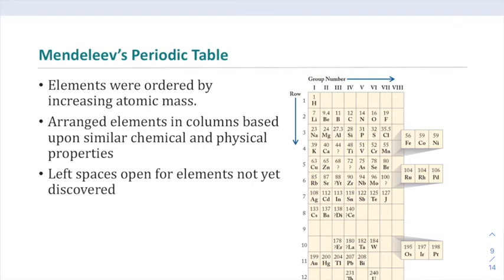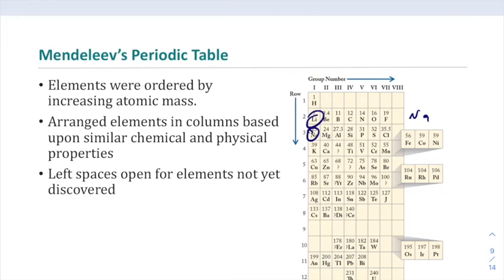Remember, protons aren't discovered at this point. Mendeleev's table is before that. So the masses are above the elements, and he orders them in order of increasing atomic mass. And he arranges them in columns so that they have similar properties. So the idea was, instead of putting sodium out over here, he puts it down here because it was similar to lithium.